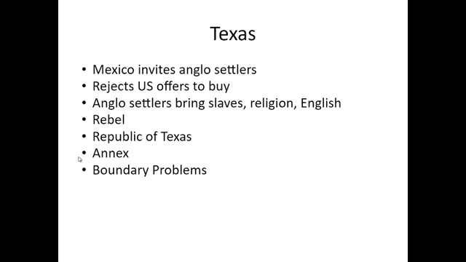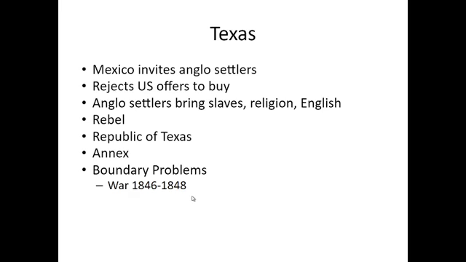Okay, now Texas becomes part of the U.S., breaks away from Mexico, becomes part of the U.S., but we still have a problem. And the problem is, where is the actual boundary now that separates Texas, which is now in the U.S., from Mexico? And that boundary problem is going to be one of great debate, and it's going to lead to the Mexican-American War.